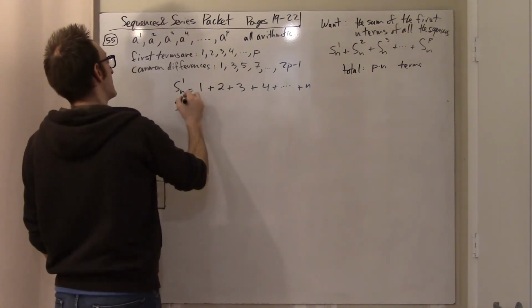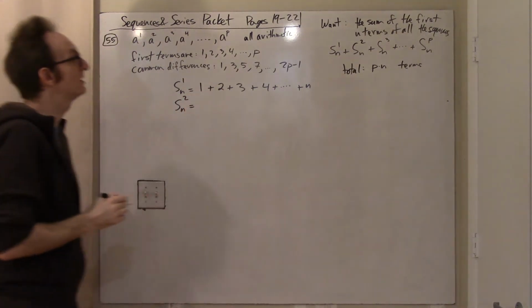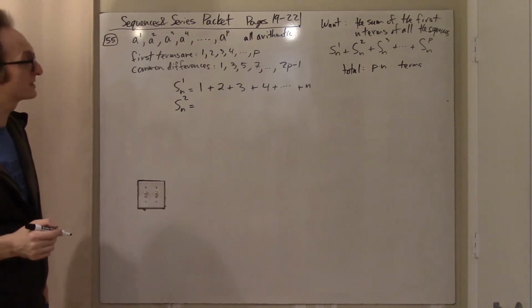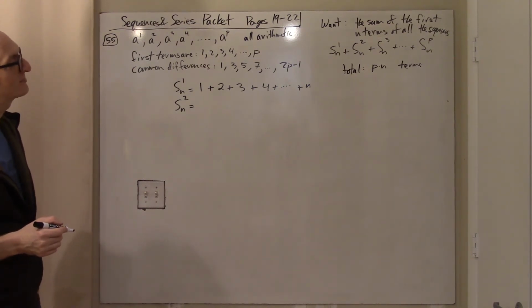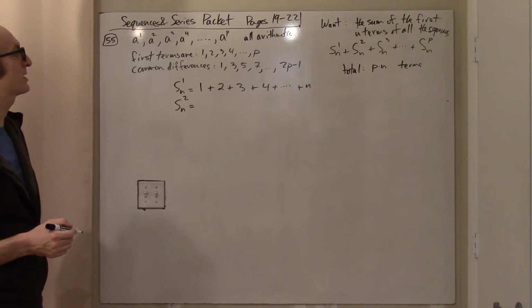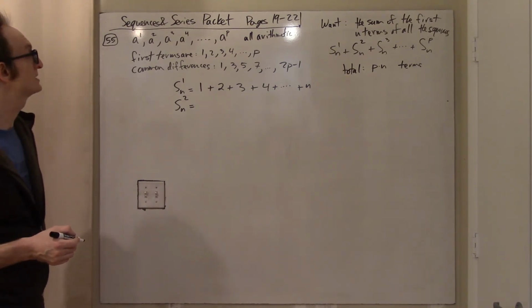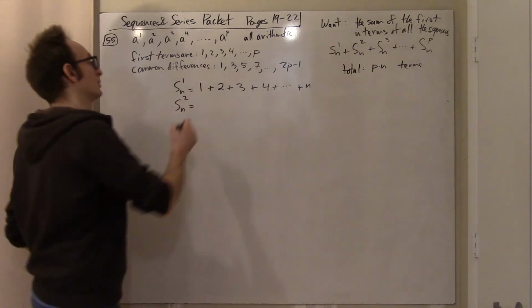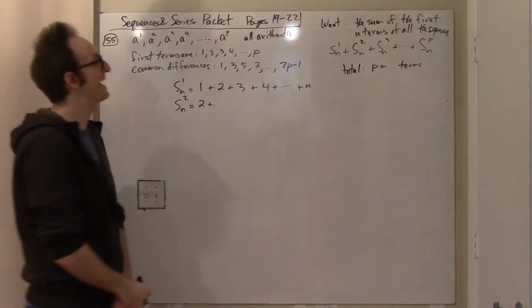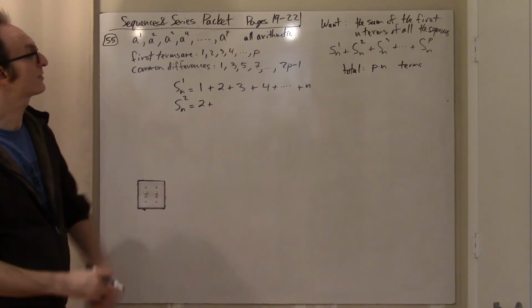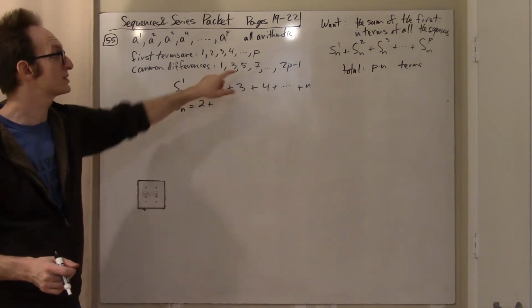Okay, what's the sum of the first n terms of the second sequence? Well, I think now this is maybe a little bit harder, right? Now the first term is a 2, and now the common difference is 3. So I skip by 3.